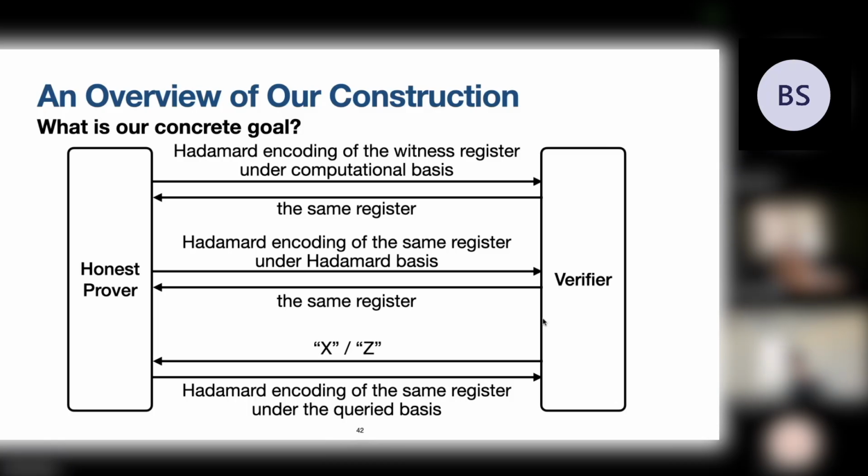In the second round, the honest prover is going to send a Hadamard encoding, coherently, of the same register, but this time under a different basis, the Hadamard basis, and send the same register back. And in the last round, the verifier chooses either X or Z, and the prover is going to return the Hadamard encoding of the same register under the queried basis.